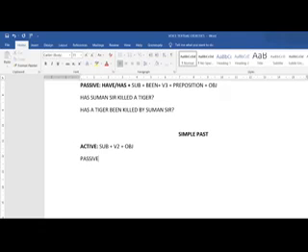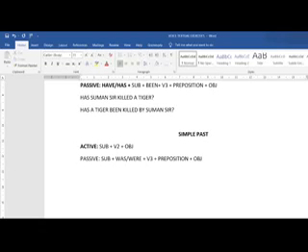In case of passive, the object of active will become the subject of passive. According to the number of the subject and tense of the main verb, we have to write the be verb, either was or were. Then V3, then preposition, and after that the subject of active will become the object of passive.